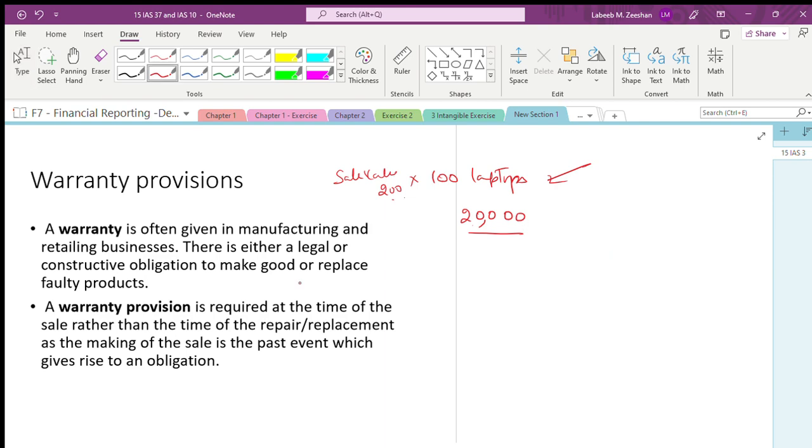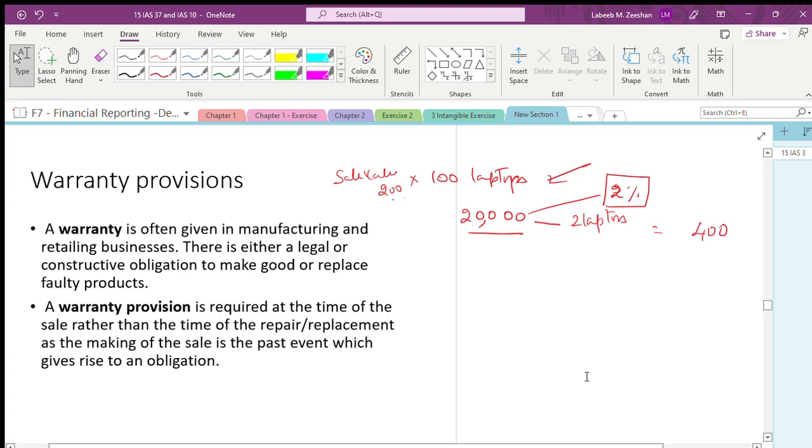Fine. Now, see, what happens? You are selling 100 laptops. Each laptop is 200. Out of these laptops, maybe one or two will get some technical problem. What you will do is say that I am creating a provision of 2%.